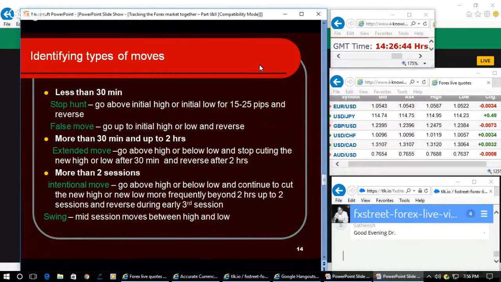Always keep in mind that quick moves are false moves in the market. Slow moves are intentional moves. So whenever they are making an intentional, slow move, you take a position in line with that move. Whenever they are making quick moves, you try to go for a contra trade, and you know that they don't make a hat trick.